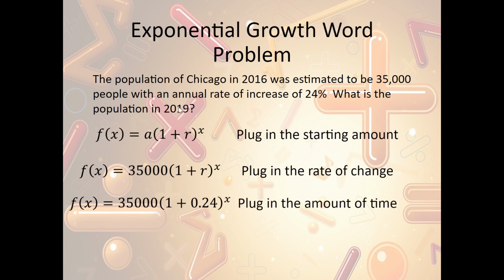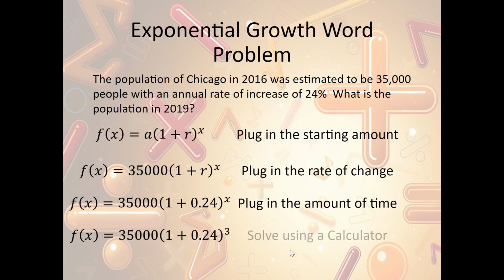And the amount of time between 2016 and 2019 is 3 years. So this is f of x equals 35,000 times (1 plus 0.24) to the third power. We'll solve that using a calculator. And when we do that, we end up with 66,731.84 people. So that should be the population of Chicago in 2019.